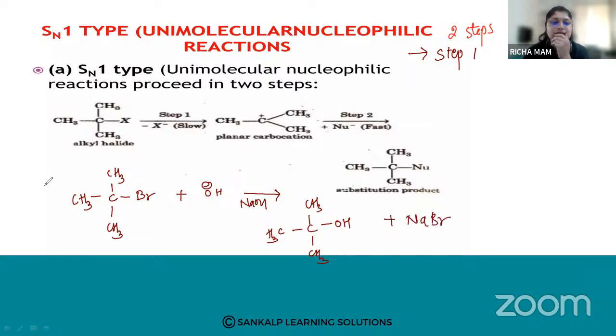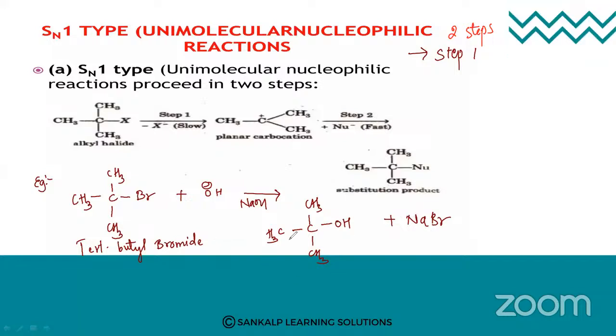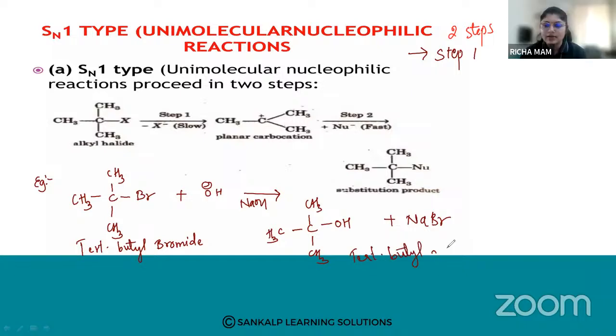So this is the general reaction, which we have to write first. Tertiary butyl bromide gives tertiary butyl alcohol.